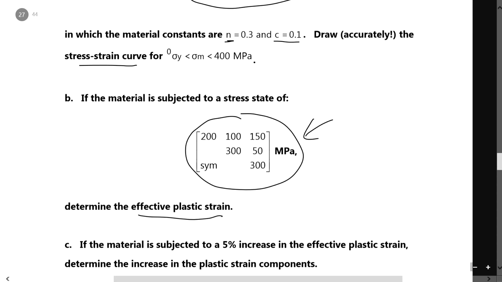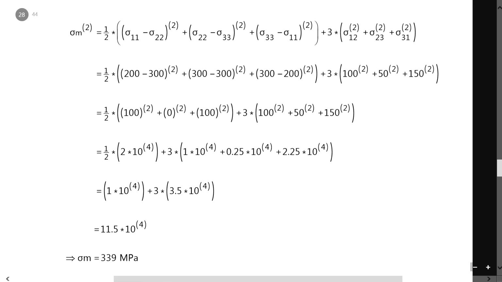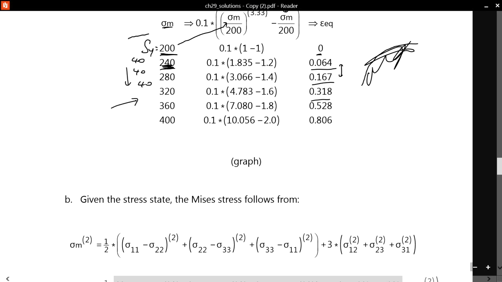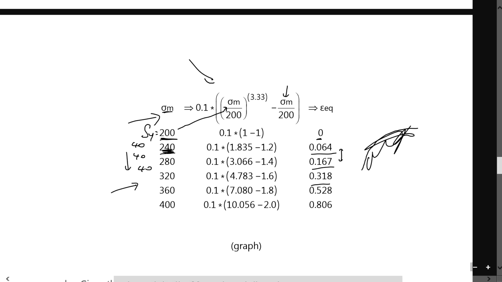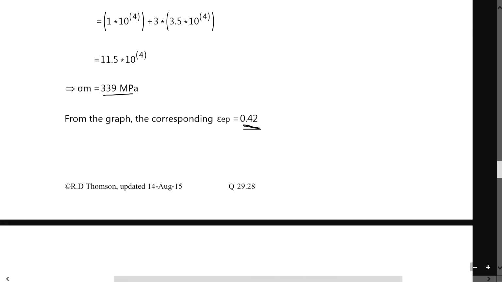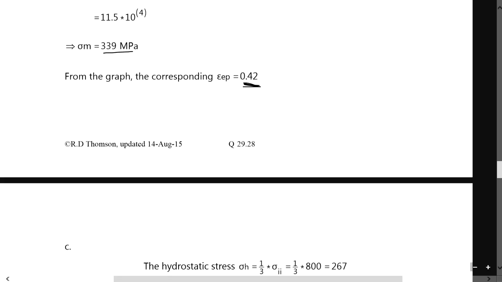So you just find your Von-Mises stress, that's what we have done all along. You have 339 MPa, and you sub this 339 MPa into this equation. Once you do, your equivalent strain will be 0.42. So you have an increment from there. It's just straightforward.